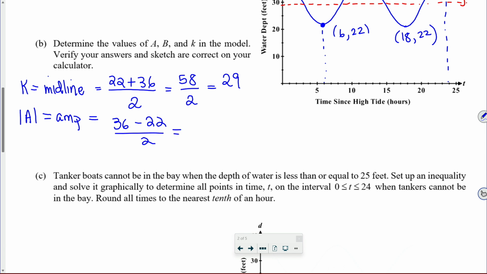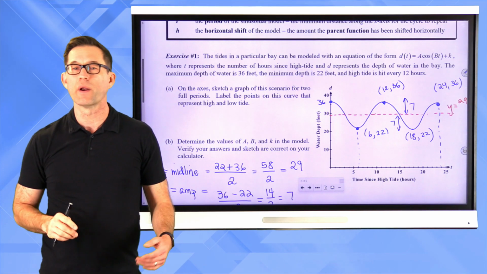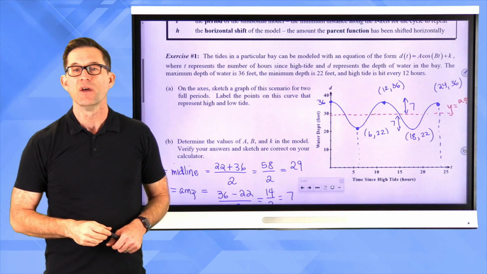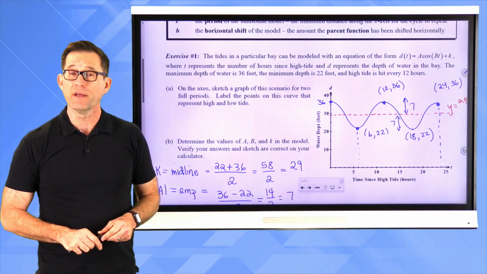We've talked about that, that's one way that you can do it. That's 14 divided by 2, which gives me 7. And again, that makes sense if I go 7 units up or 7 units down from that midline, right? 29 plus 7 is 36. 29 minus 7 is 22. So I have my amplitude, it's 7.